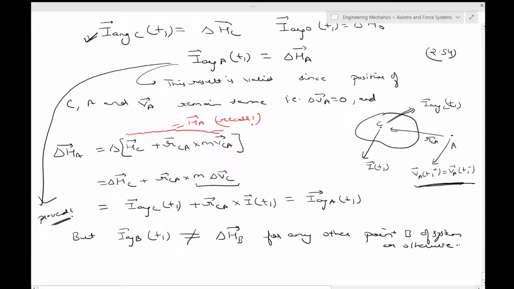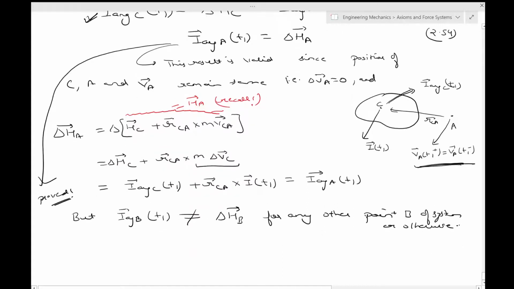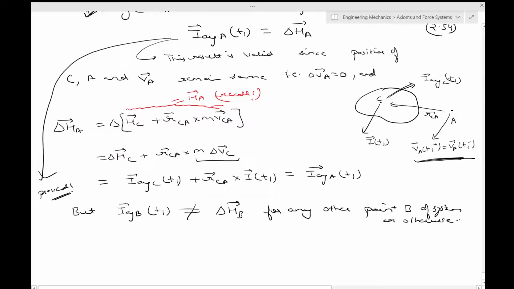Okay, the last topic over here, which is somewhat related to this, is the so-called work energy relation for center of mass C of any system.